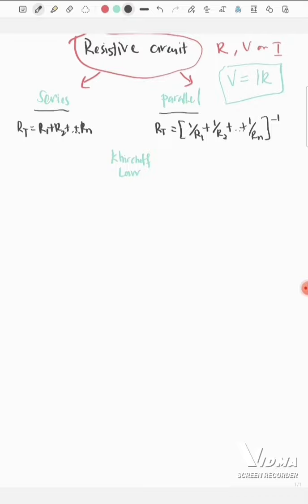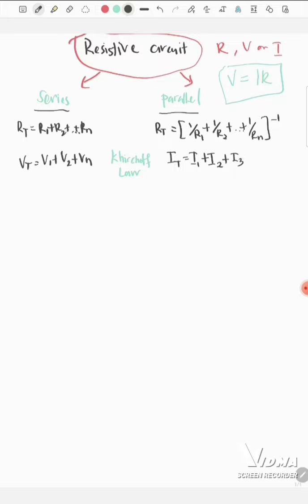Okay, so for a series circuit, you can calculate the total voltage by just adding all the voltages in series. Okay, for parallel, we add all the currents in parallel.